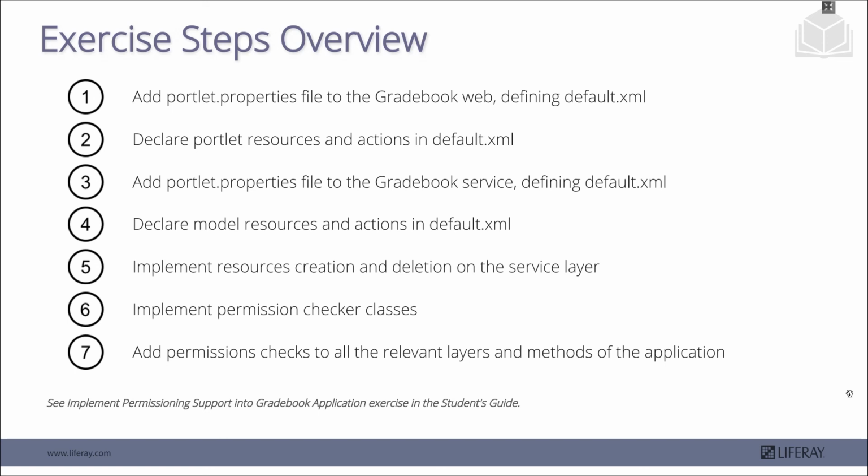We'll make sure to create that resource every time an assignment or submission is either created or deleted, and then we're going to be implementing permission checking, and then we'll go through the different layers of Liferay to implement permission checking. So let's go ahead, dive into Liferay Developer Studio, and implement permission checking or permissions.